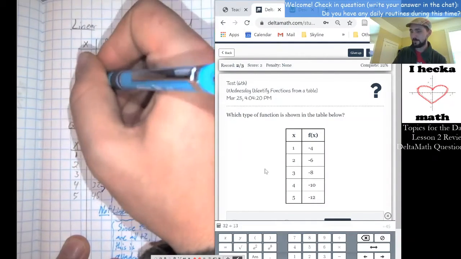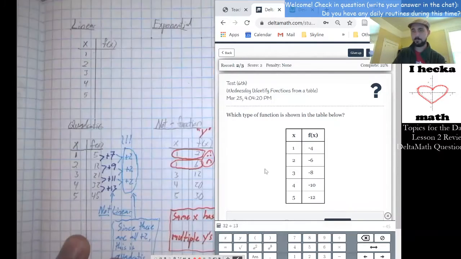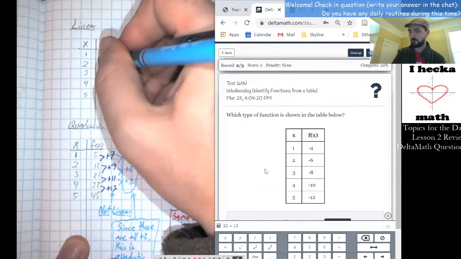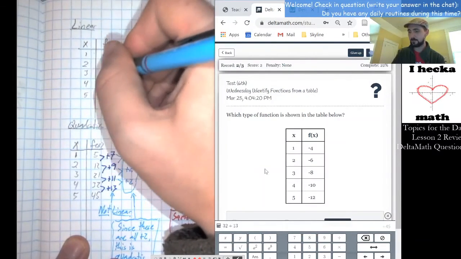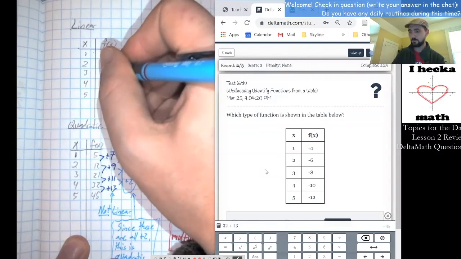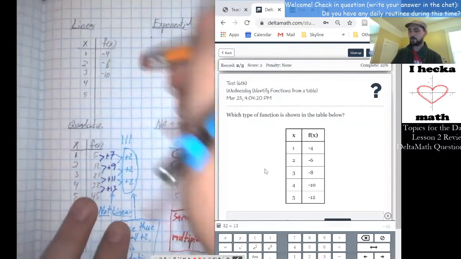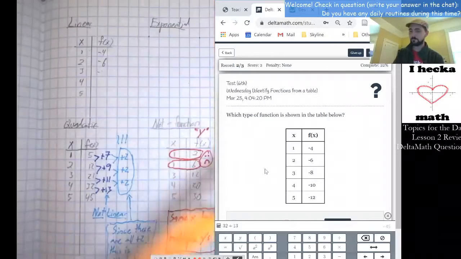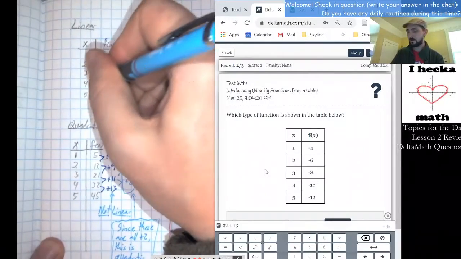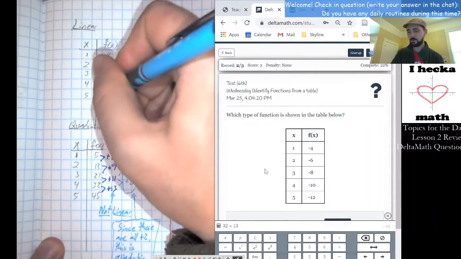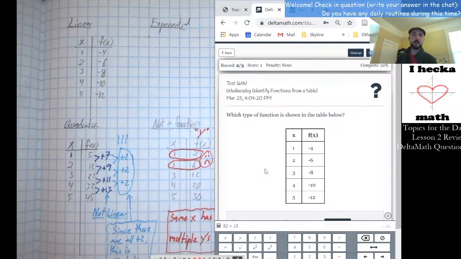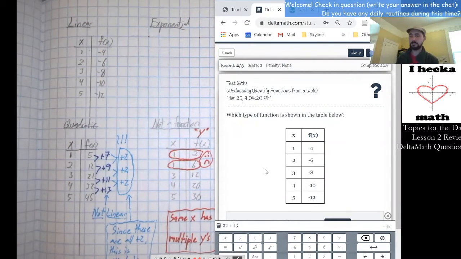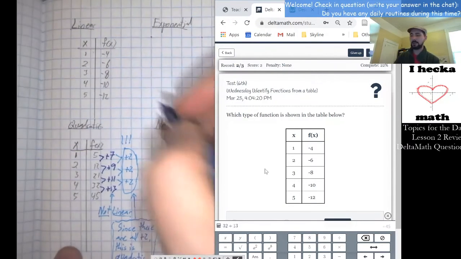before I say it. 4, 5, -4, -6, -8, -10, -12. Okay, if you paused, welcome back. So to figure out how we know this is linear, we have to think about what is being added or subtracted each time.